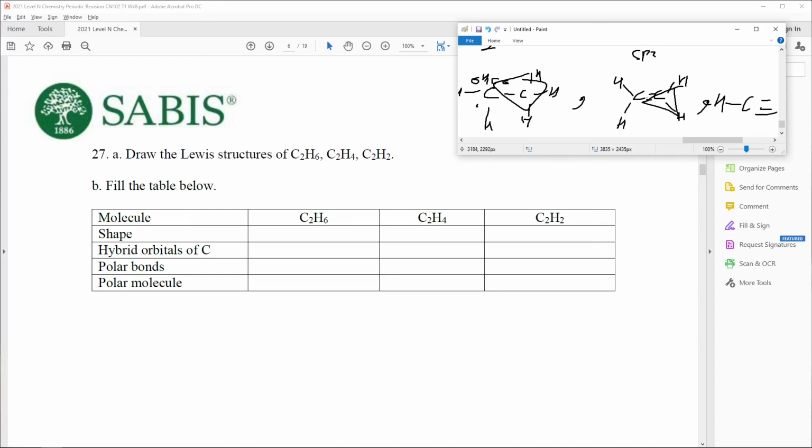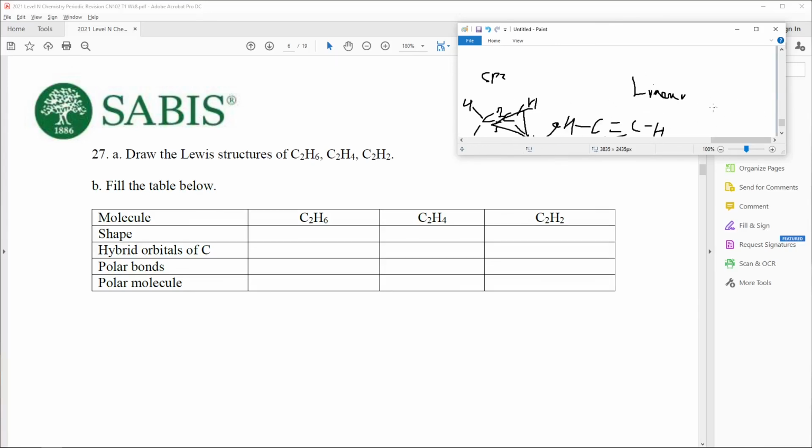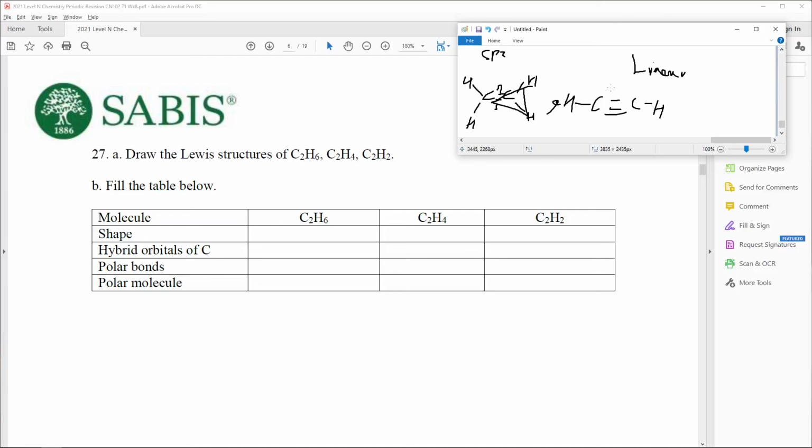Because you have a double bond, one is pi, one is sigma, and you have 3 sigmas, so you have 3 minus 1, so sp2. And then this one is linear. Why? Because you have a pi and a sigma, so 2 plus 1, no, sorry, minus 1, because we're done adding the lone pairs which don't exist in the first place, and the sigma bonds, you get a total of 2. Minus 1, you get 1. So sp.